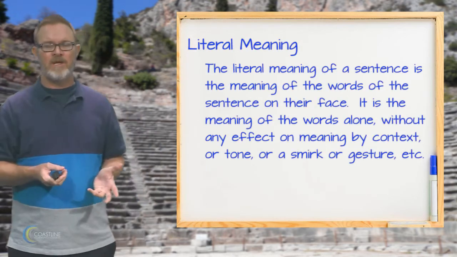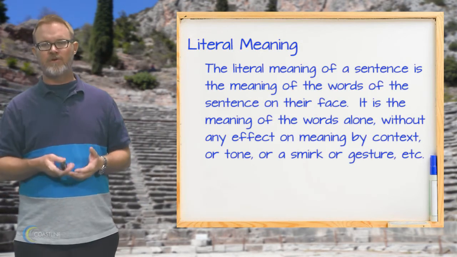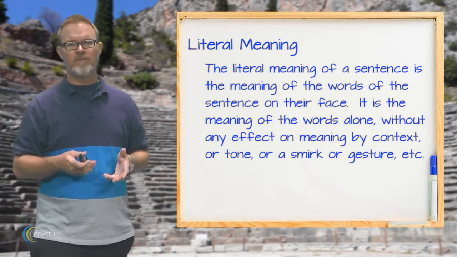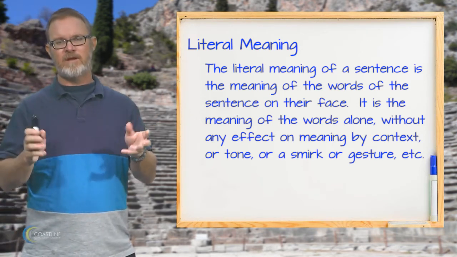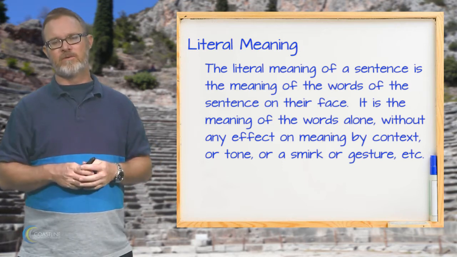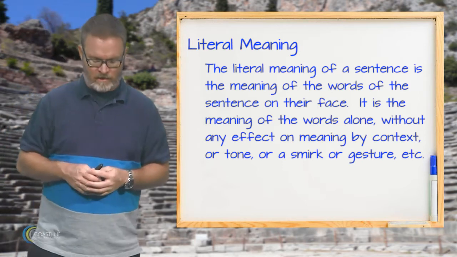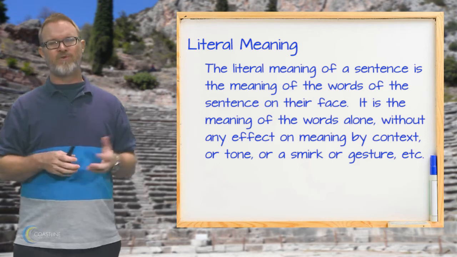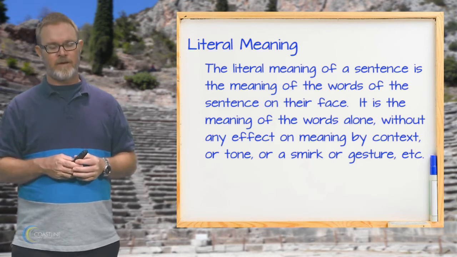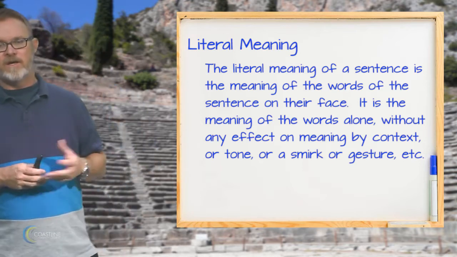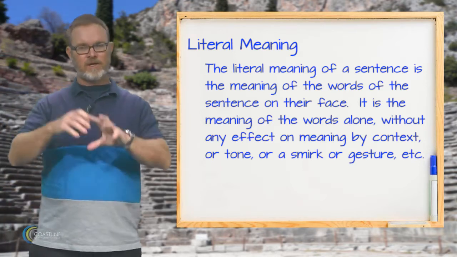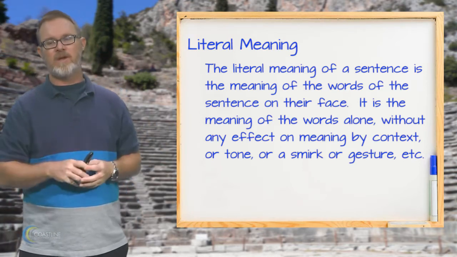The first type of meaning that we're going to look at here is called literal meaning, all right? The literal meaning of a sentence is the meaning of the sentence on the face of it. It's the meaning of the words alone. So literal meaning doesn't include, for example, something like a smirk or a grin or a giggle, or any kind of context that would change the meaning at all.